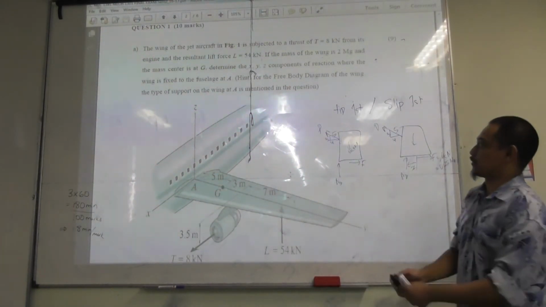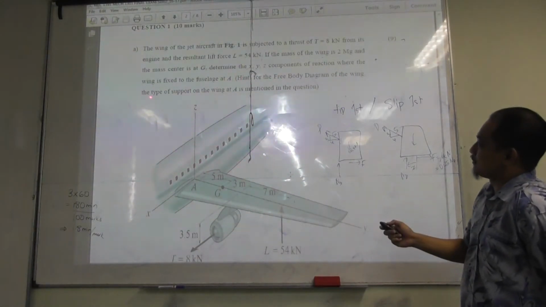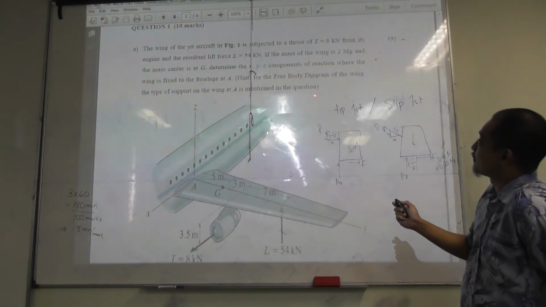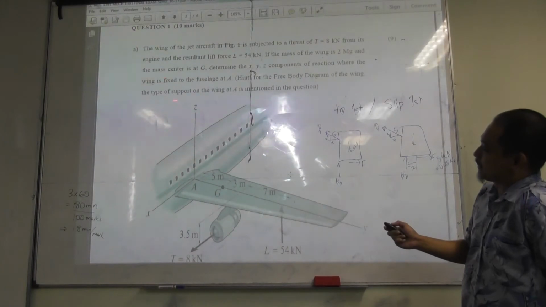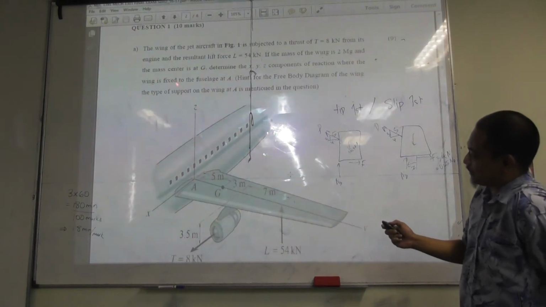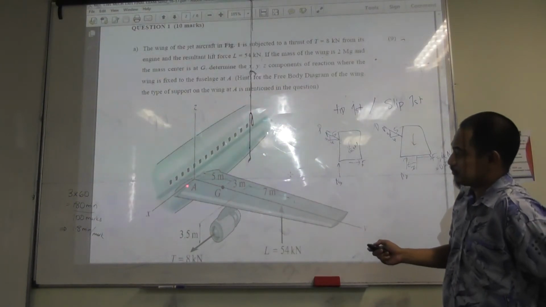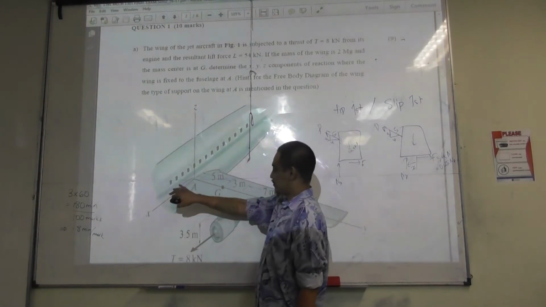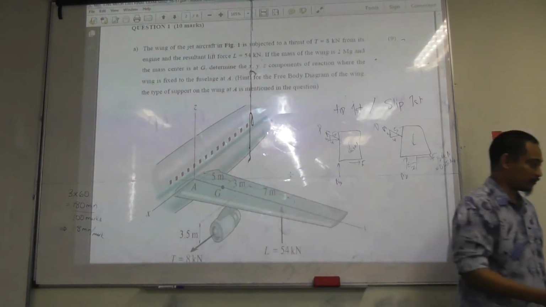In this case, the question actually already gives a hint: the free body diagram of the wing, and the type of support of the wing is mentioned in the question. What is it? Basically this word, right? Okay, if it's fixed, what do you draw here? Ax, Ay, Az, right? Moment X, moment Y, moment Z, right? Alright, so no problem, full marks again.